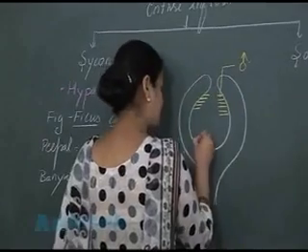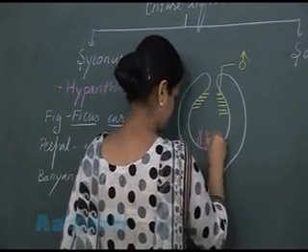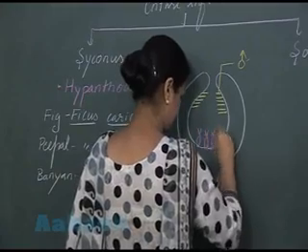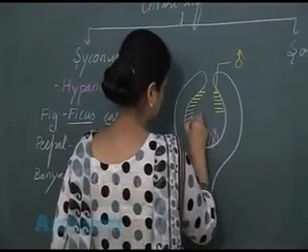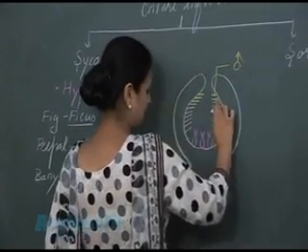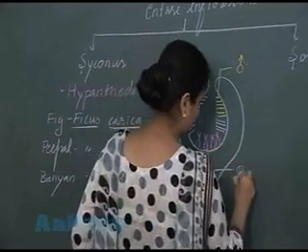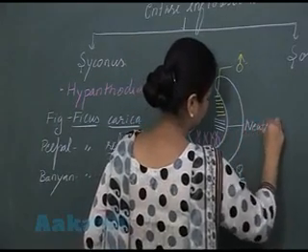On the lowest side there are female flowers. And in between, there are neuter flowers. So these are male, these flowers are female, and these are neuter flowers.